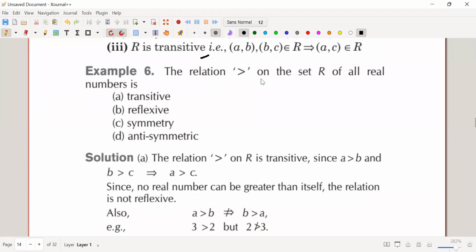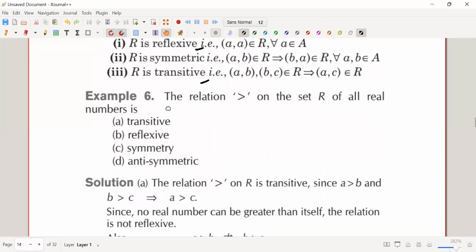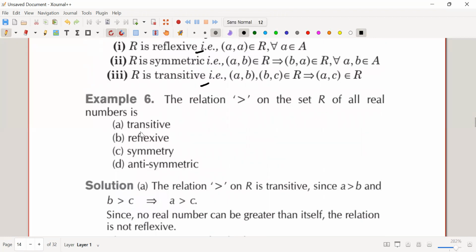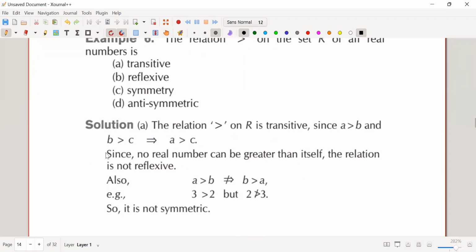The relation greater than on the set R of all real numbers is... one cannot be symmetric.